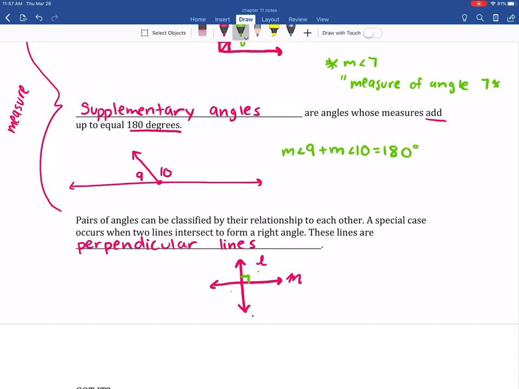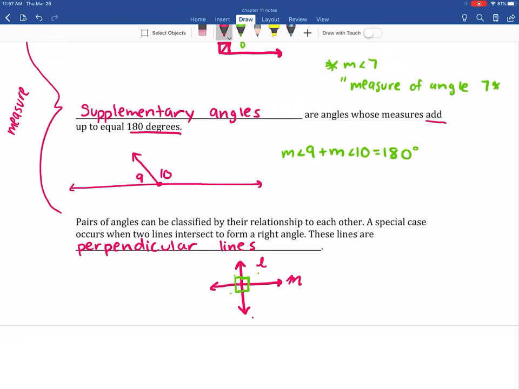So these two both have to be 90, okay? And I know that the angles next to each other, adjacent, have to be supplementary because they make up a straight line. So if I have one right angle, I actually have four.